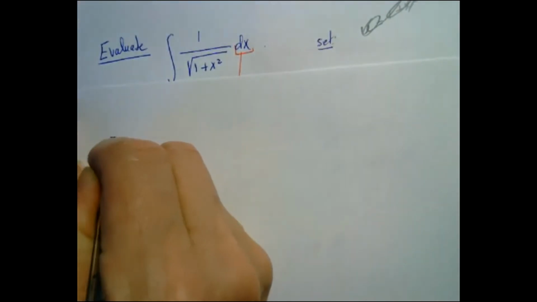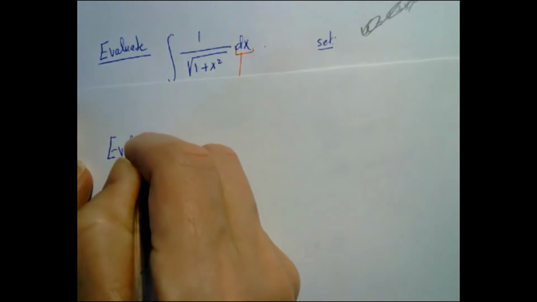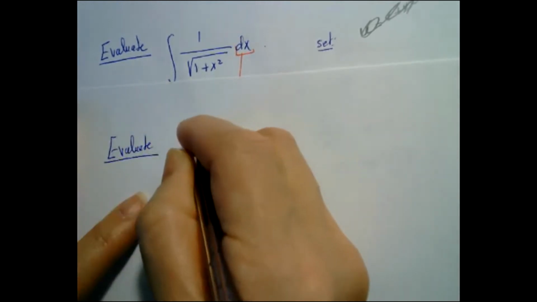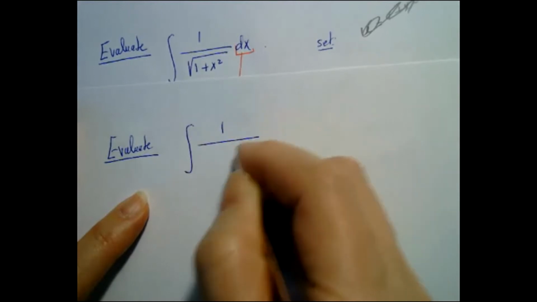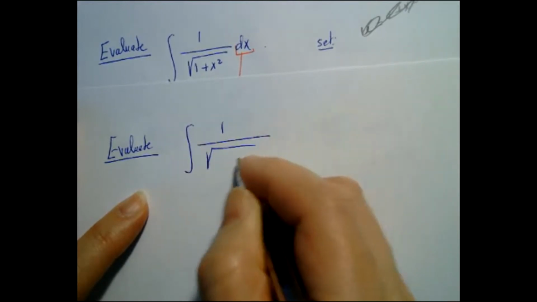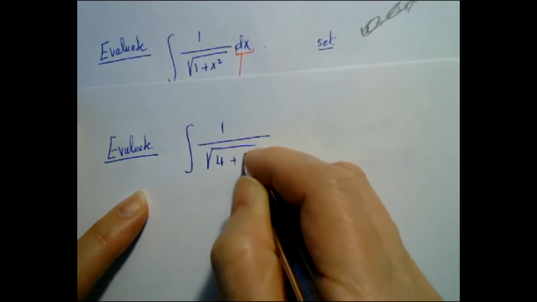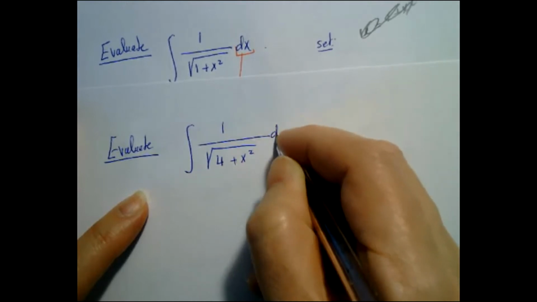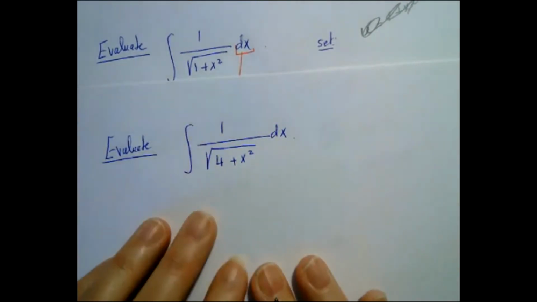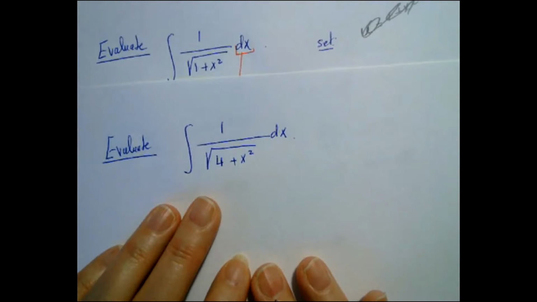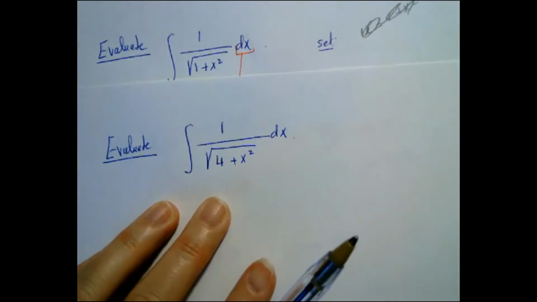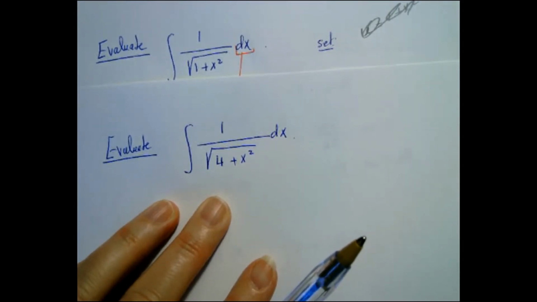So example number 2 is evaluate the integral of 1 over the square root of 4 plus x squared dx. Do you see the change I did? Okay. Now, what's the substitution that will save me in this problem? What shall I do?